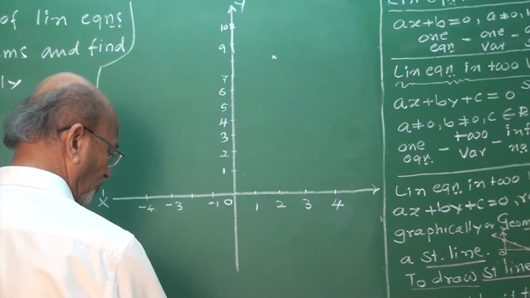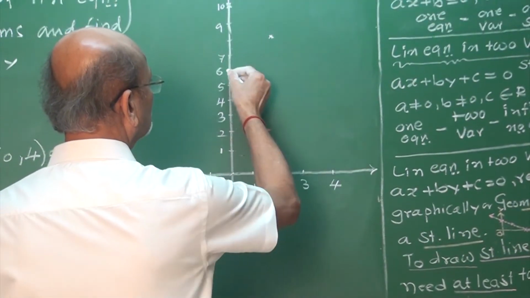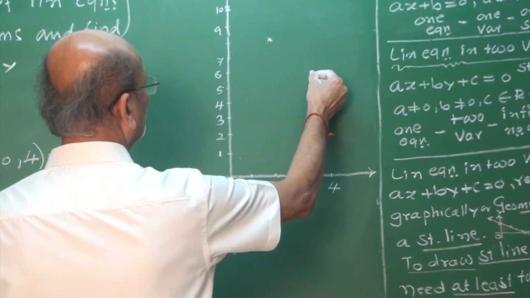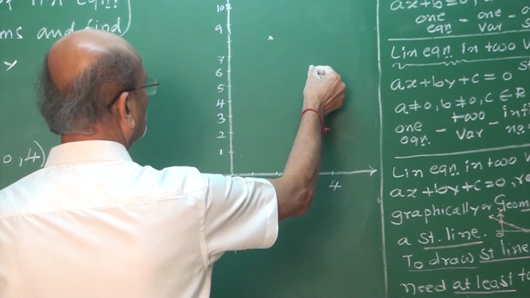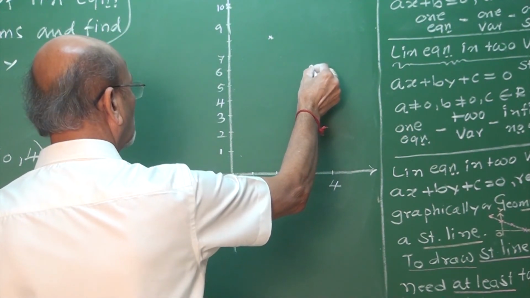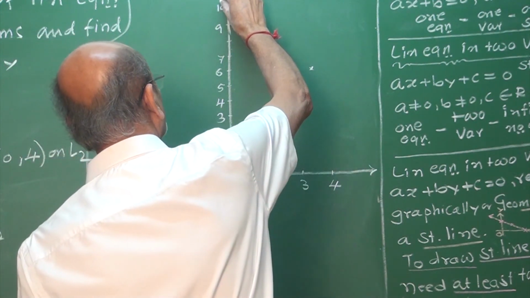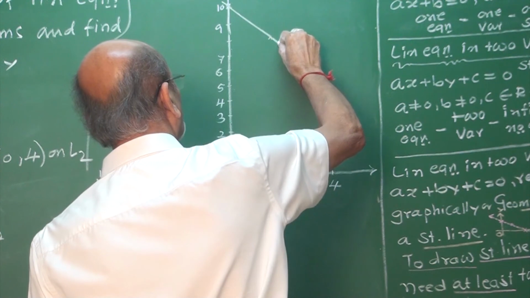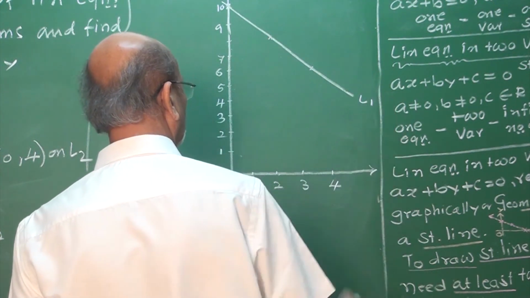When x is 4, y is 6. So the point is 4, 6. This is the line L1.